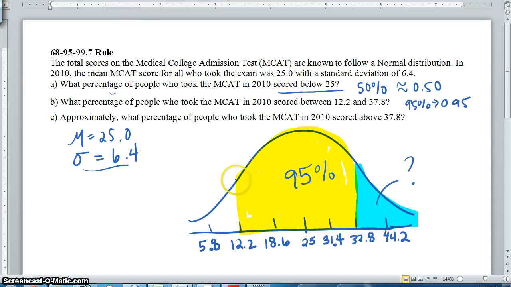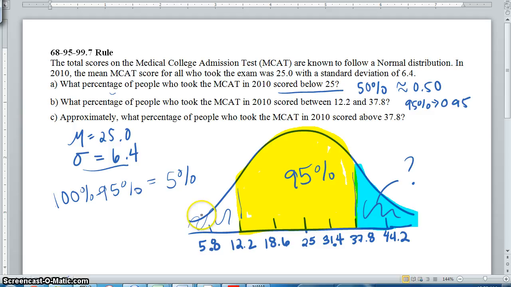Well, we know that between 12.2 and 37.8, 95% of our data is between those 2 points. And we also know that under the entire curve is 100% or 1, so 100% minus 95% is going to be 5% that's left out here in these tails. So here and here is a total of 5%, right?